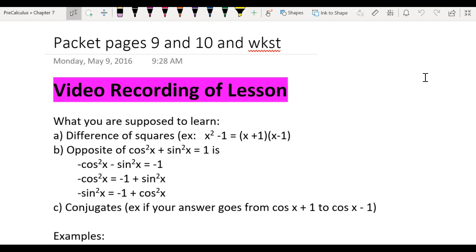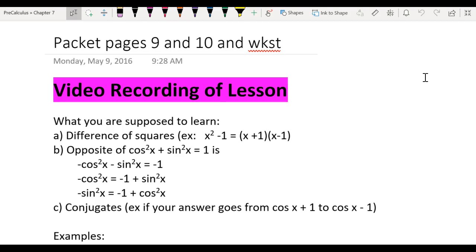Okay? So, we've talked about that secant of x is 1 over cosine of x. Cosecant of x is 1 over sine of x. Tan of x is sine of x over cosine of x. And cotangent of x is cosine of x over sine of x. Okay?